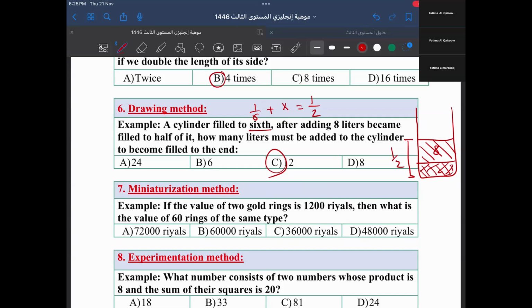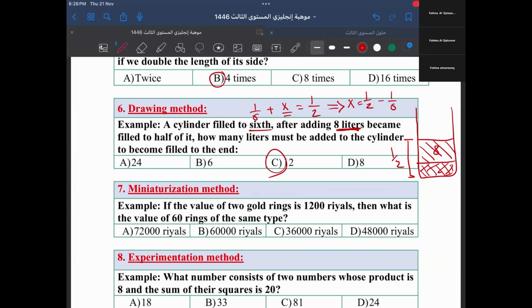I want to know what 8 liters equals in fractions, how much is 8 liters in relation to the whole cylinder? So we're going to solve for x. We're going to do x equals 1/2 minus 1/6.